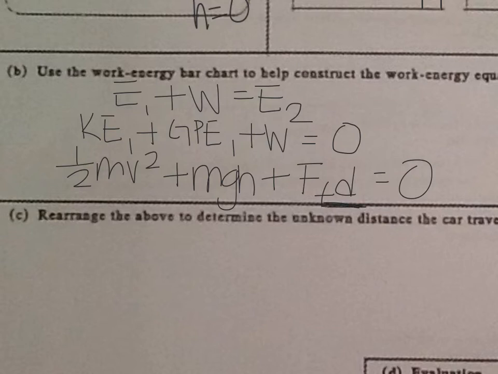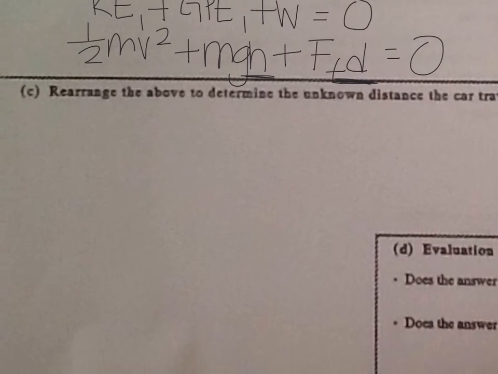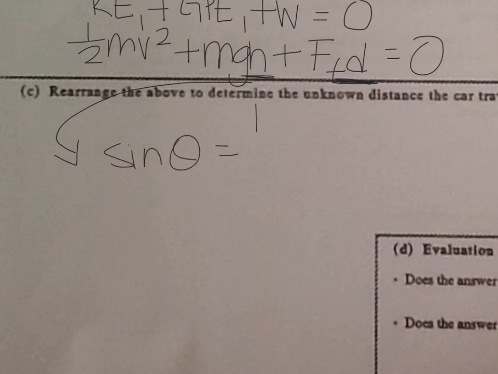The only variable that we don't know is h, and that can be rewritten using trigonometry. So that now equals sine theta equals h over d, which can also be rewritten as d sine theta equals h.